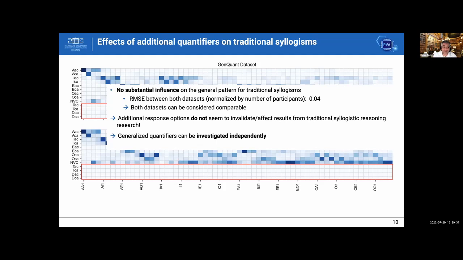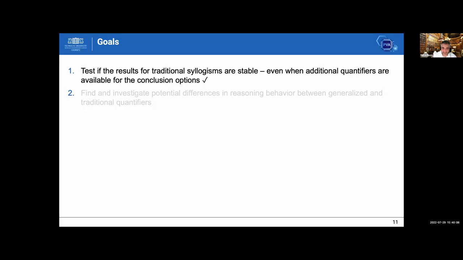Think about this: if offering this additional answer had had an impact, then if we extend this, we would always need to carry on not only the traditional ones but everything else, because everything can influence each other. Luckily, there is independence. Additional quantifiers did not have that effect on the way of answering.